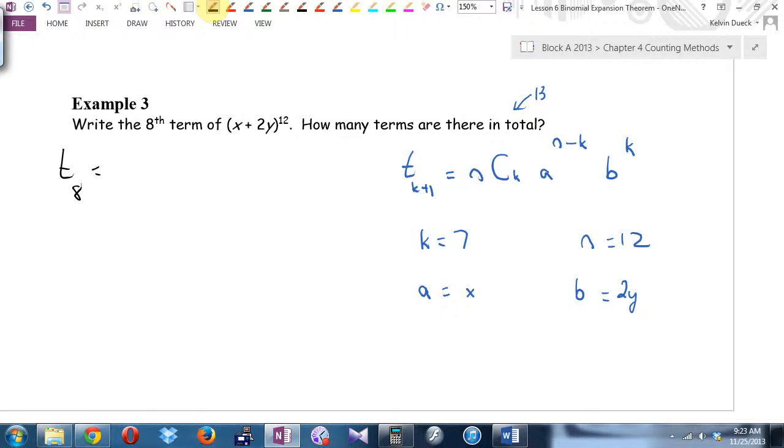plug and chug. So it says n choose k. So over here on the left, I'm going to write what choose what? 12 choose 7. What to the what?